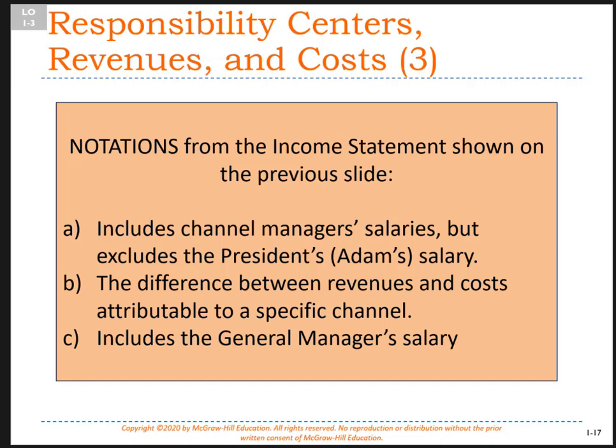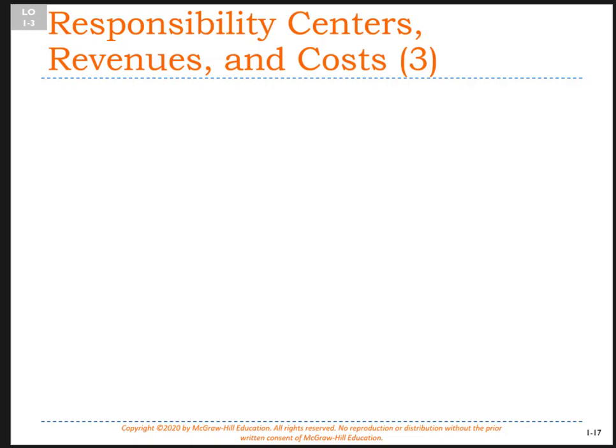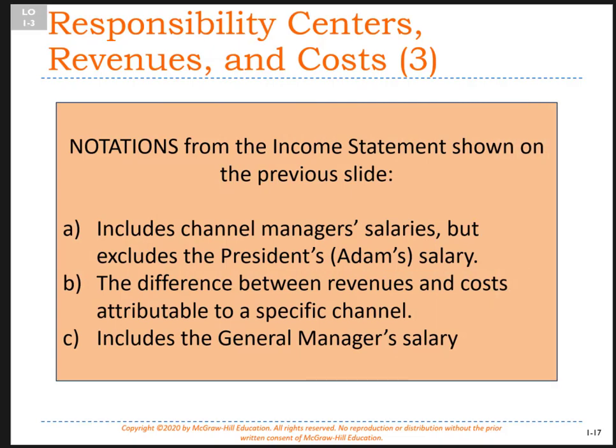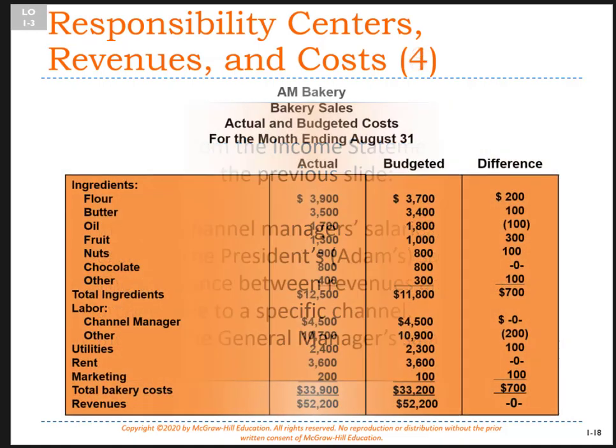But the president's salary is not. It's part of that general category. That's the idea that the president is supervising all of it, and therefore it's not really the responsibility manager's responsibility; he can't do anything about the president's salary. So it shouldn't be used to evaluate him.